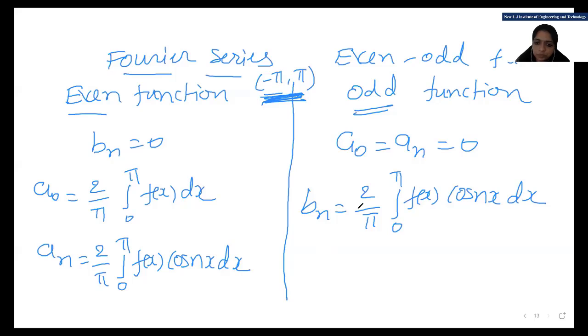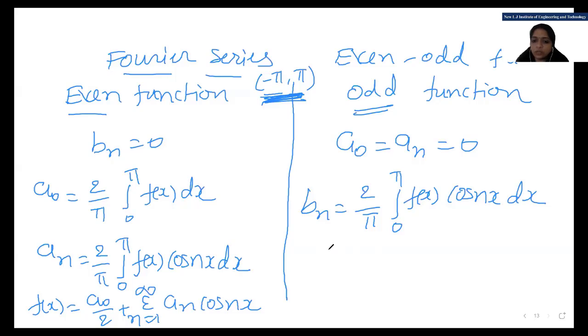sin nx dx. So, as per this, your final formula for even function is a0 by 2 plus summation n from 1 to infinity an cos nx. Here bn is 0, so no need to write the bn sin nx.